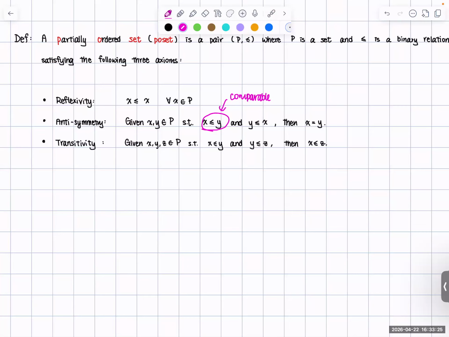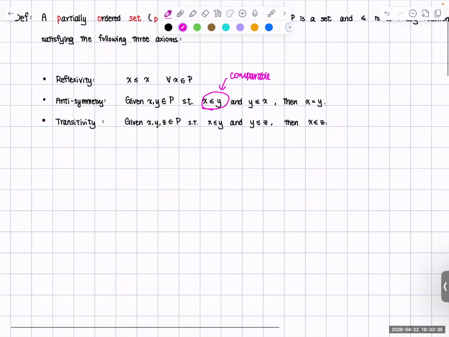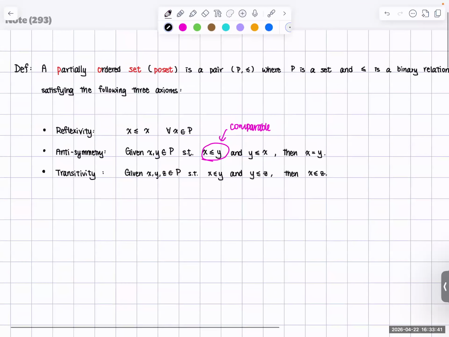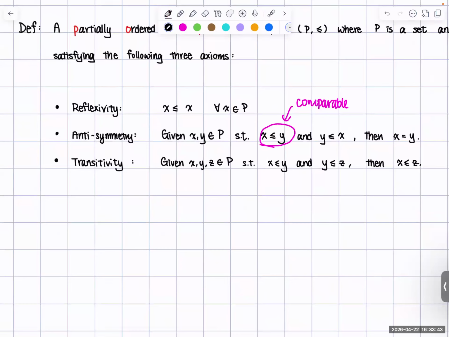My goal in these three lectures is not to give proofs, but to learn from examples, so I'm going to give you a bunch of them. Before I move on, I also want to talk about one important kind of partial order called the total order.